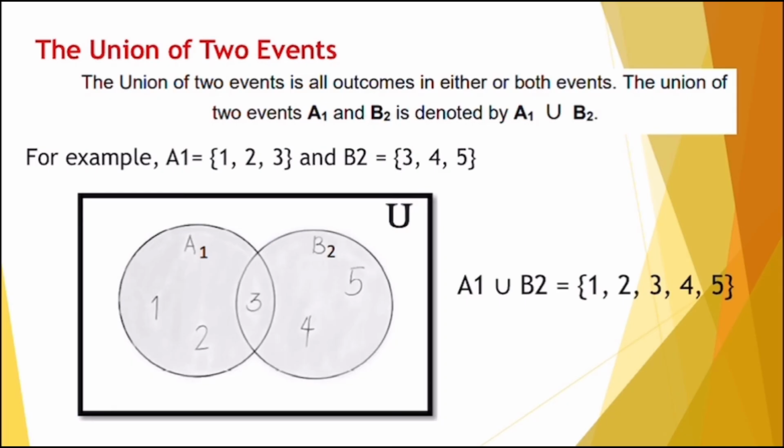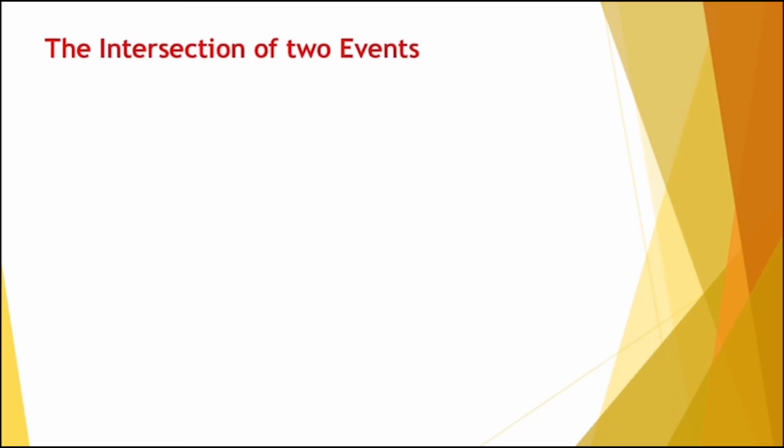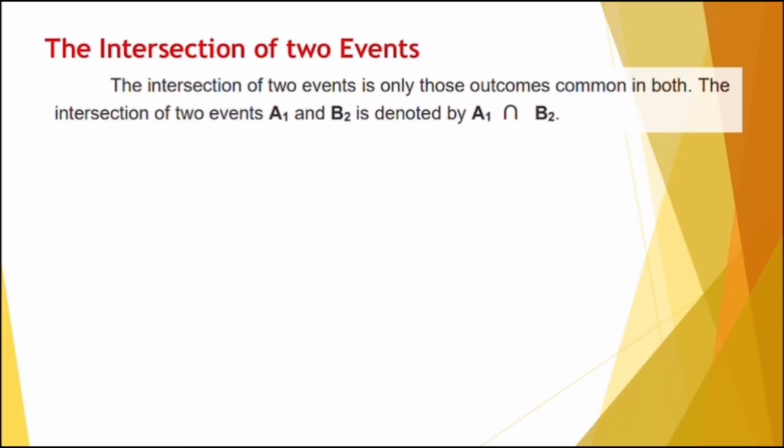Now, let's proceed to the intersection of two events. The intersection of two events is only those outcomes common to both. The intersection of two events A sub 1 and B sub 2, denoted by A sub 1 intersection B sub 2, comprises the set of outcomes common to A sub 1 and B sub 2.